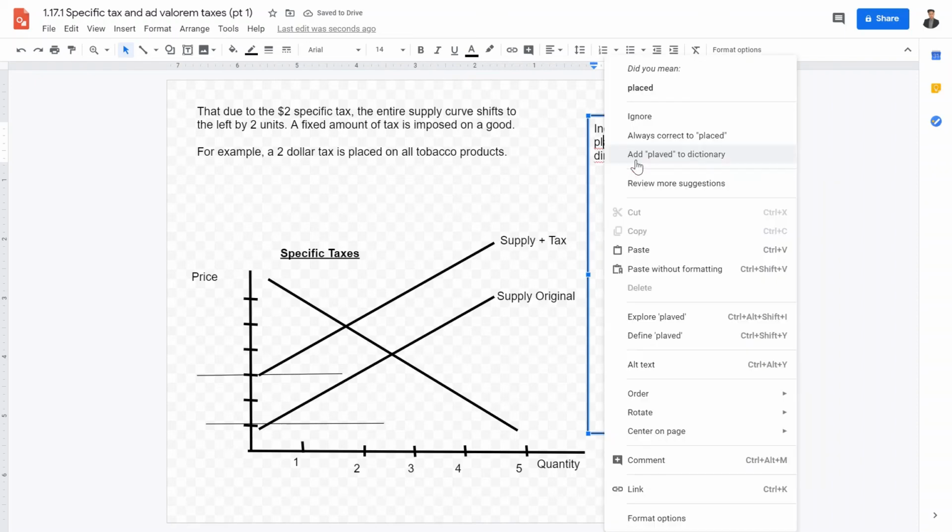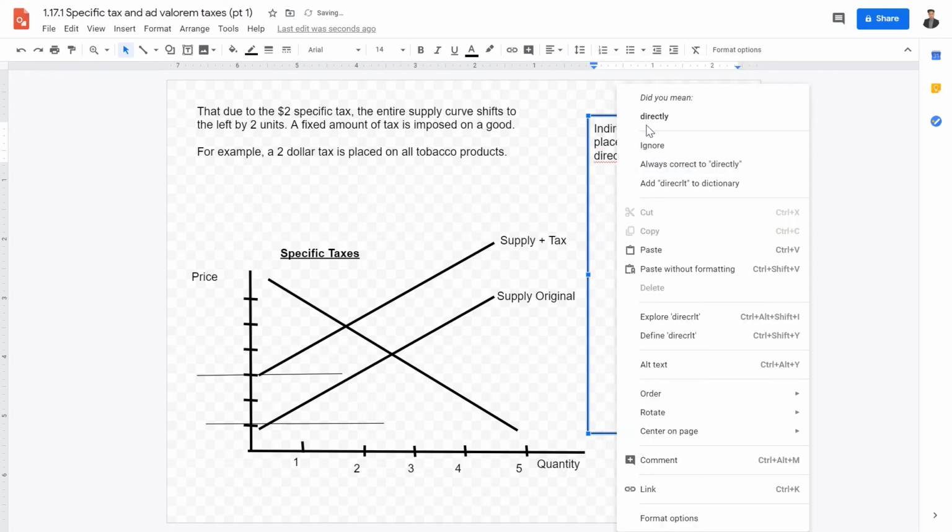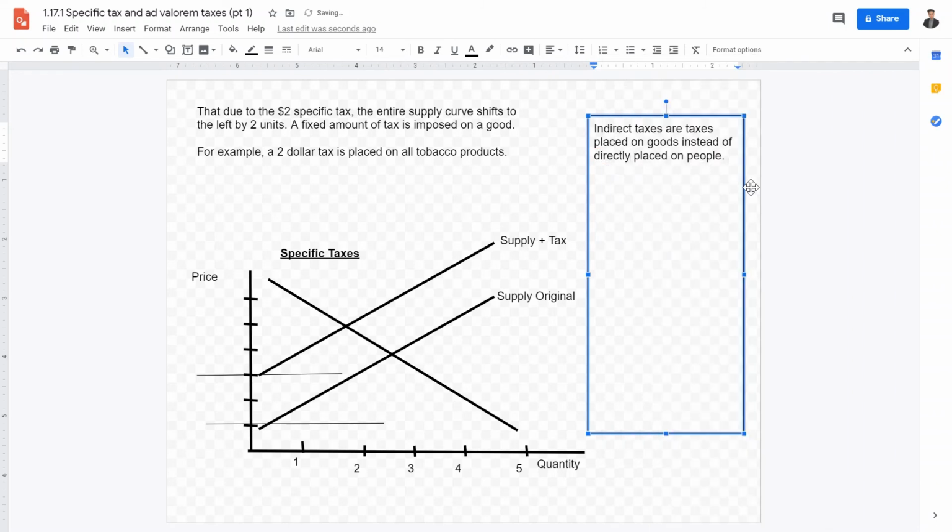So what are some examples of indirect taxes? Taxes on tariffs, taxes on goods, taxes on consumer goods, production goods, and therefore specific taxes as well as ad valorem taxes fall under indirect taxes.